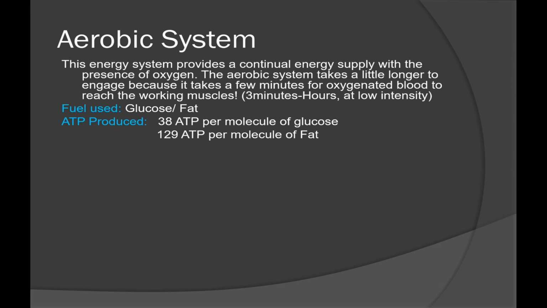On the other hand, if we're using fat as a fuel, we have a pretty much inexhaustible amount of adipose tissue, stored fat, up to around 120,000 calories worth, which we can call upon in order to produce and resynthesize ATP.